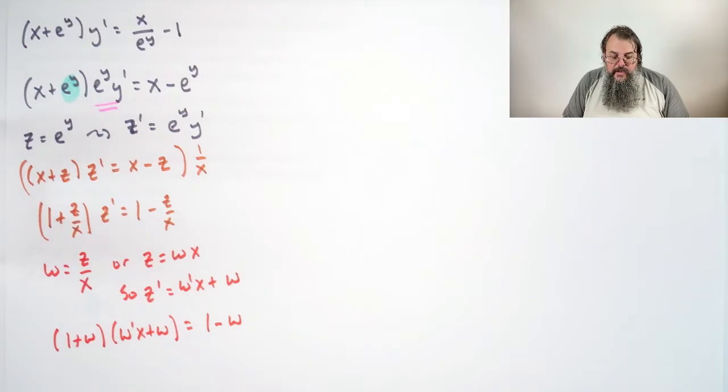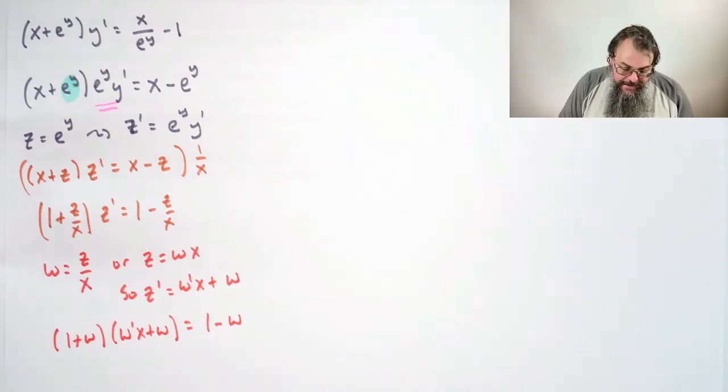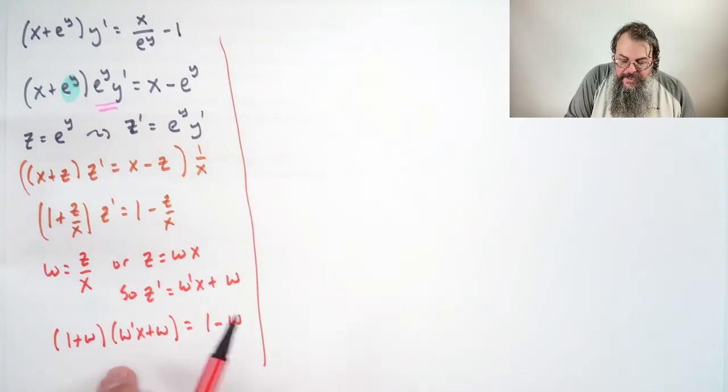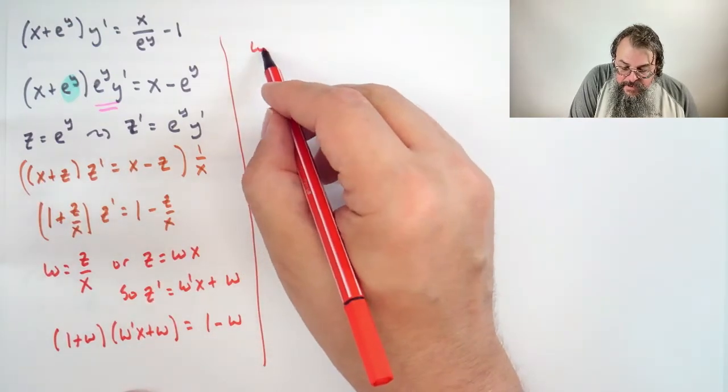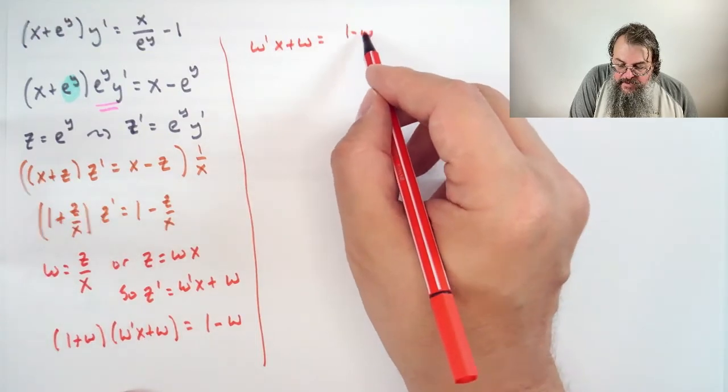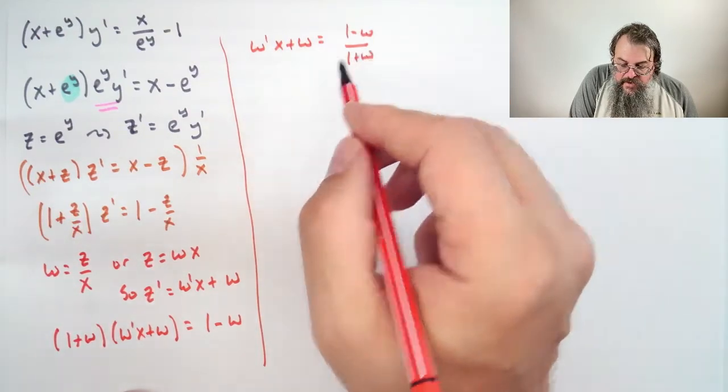All right. Well, let's keep going because we should keep going. Divided by 1 plus w, we'll have w' x plus w is (1 - w) over (1 + w).